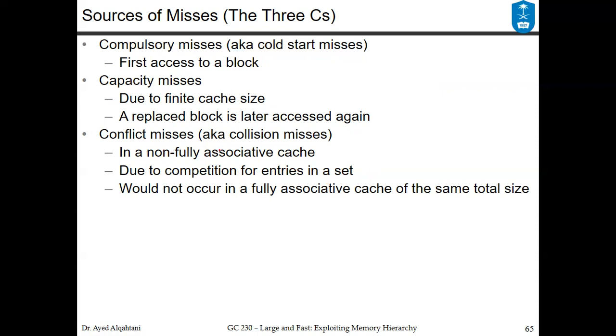This is why we call it a conflict miss. It would not occur in a fully associative cache of the same total size, because you have the spaces, and you will never have a conflict miss. If the fully associative cache is completely full, then this would be a capacity miss.